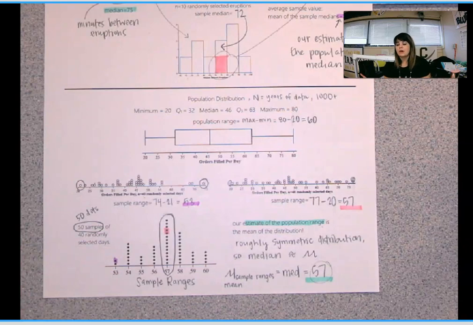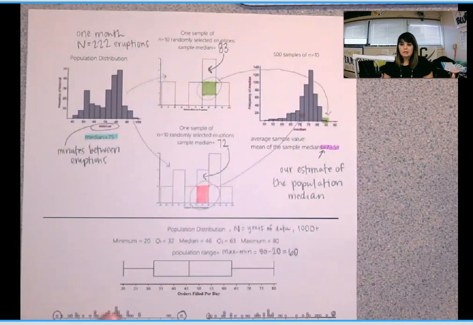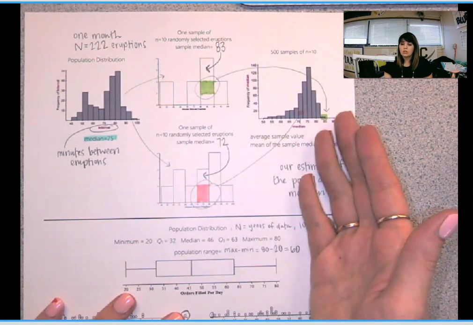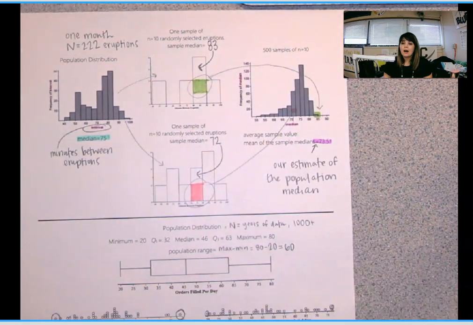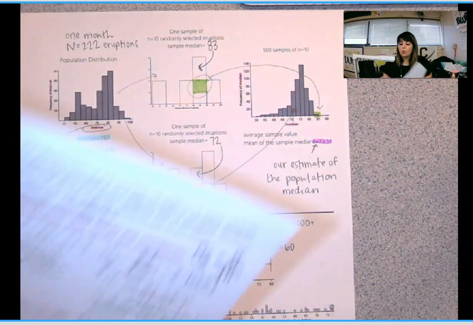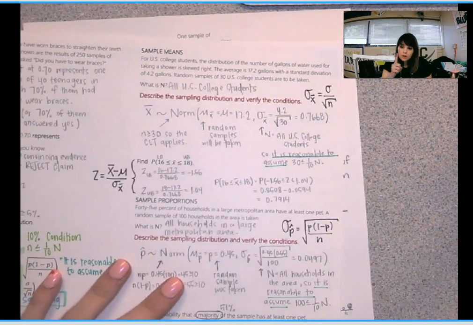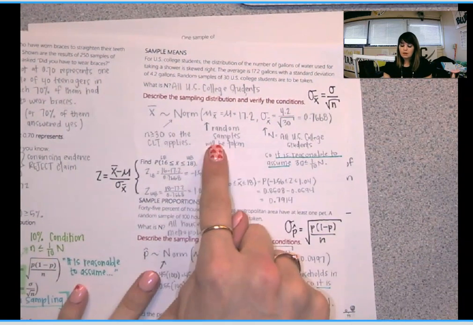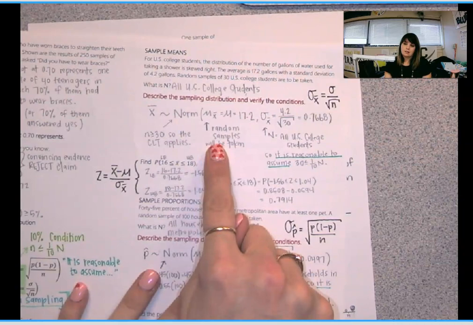And that's what the rest of the chapter or the unit was about. So we had to take a bunch of samples to look at a sampling distribution, because knowing how samples and sampling distributions work enable us to take one sample, not 500, one sample, and be able to answer questions like this.